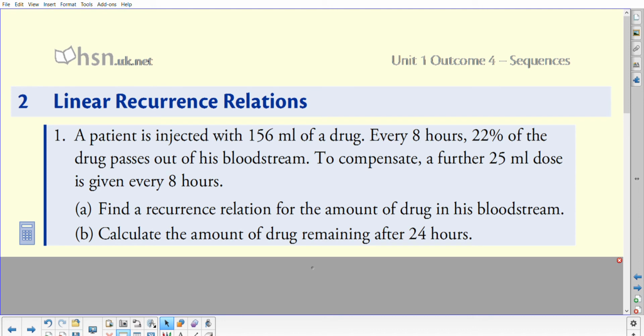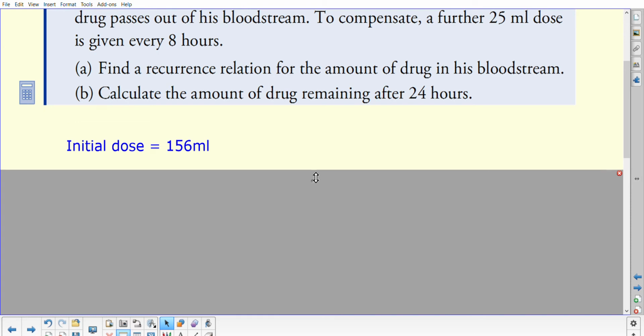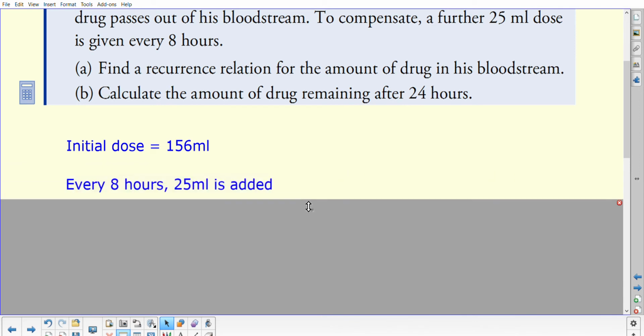So your starting point for this is for you to come up with the recurrence relation that would model this particular situation. So I want to think about the fact that that initial dose that was given was 156 millilitres of the drug. What do we know?